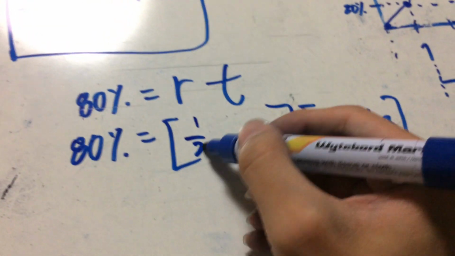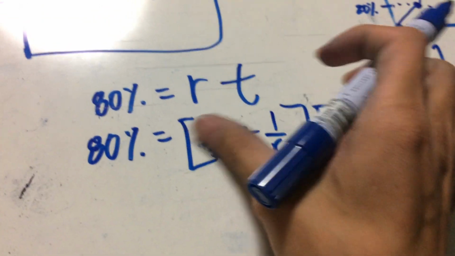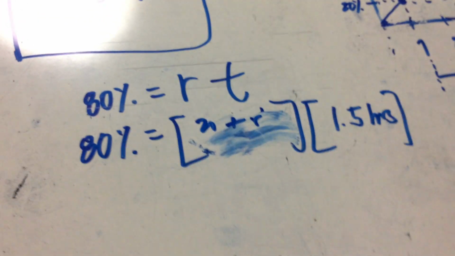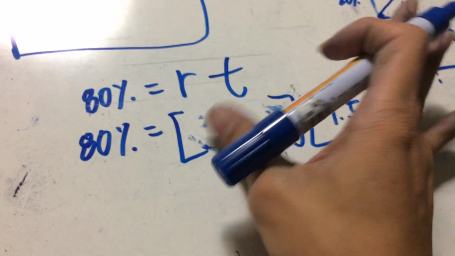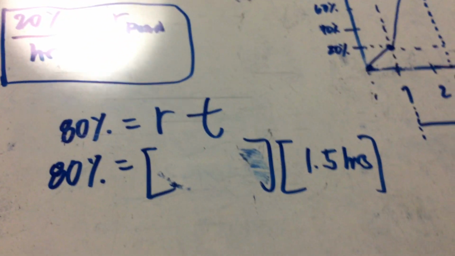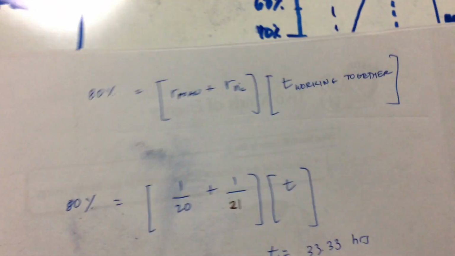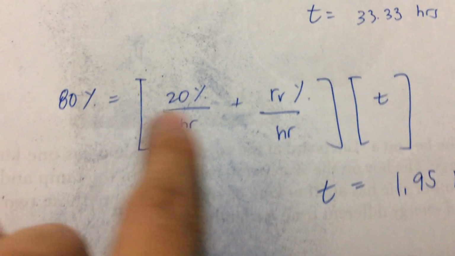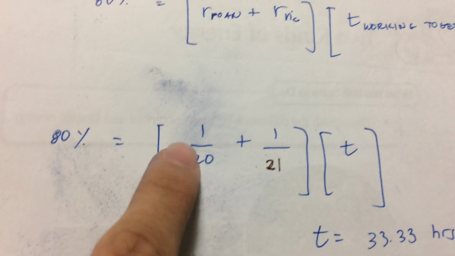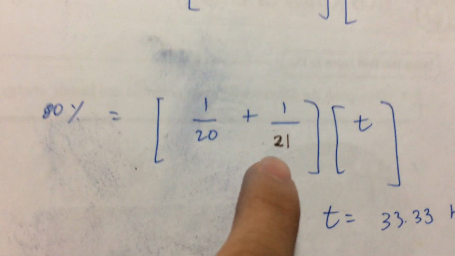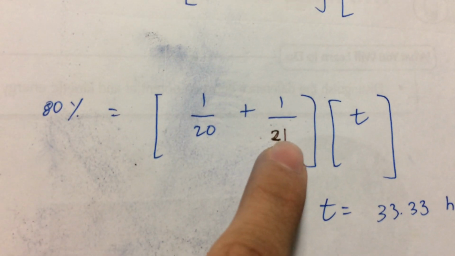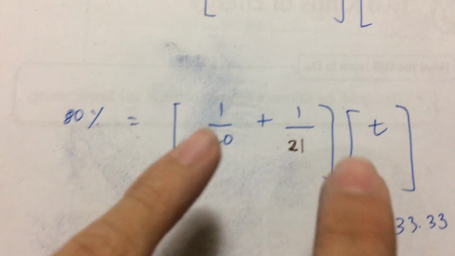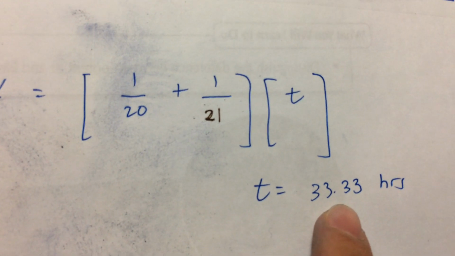So are we going to do 1/20 plus 1/r, or 20 plus r, which might confuse you? Here's the best way to think about it, just in case you forget. The first option is to put this or this, right? If you put this, and for example I just put some rate, 21, and I made them fractions, the time would be a lot larger if you do this.